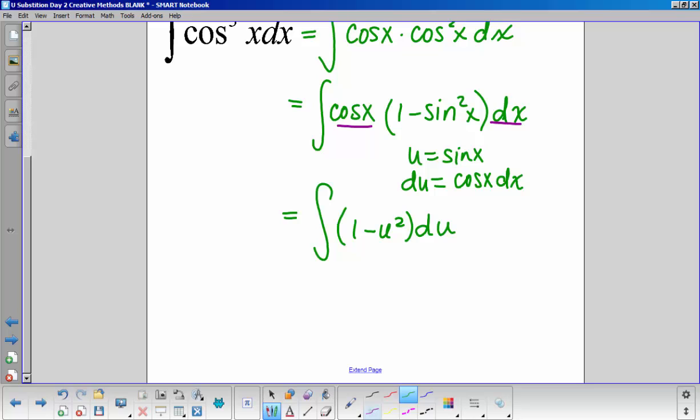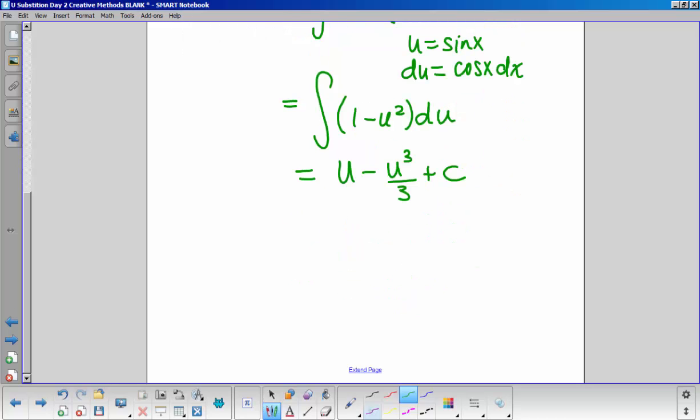Now watch it here, because we're integrating now with respect to what? u. So when I take the antiderivative, I'm going to have u's, not x's. So the antiderivative of 1 is u, minus 1/3 u cubed, plus c. But what did we choose for u? Sine. So this is equal to sine x minus sine cubed x over 3 plus c.